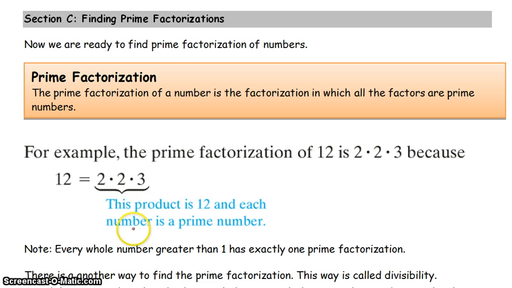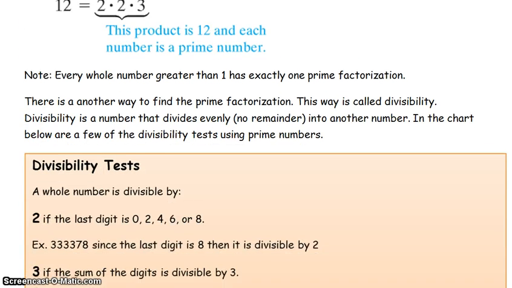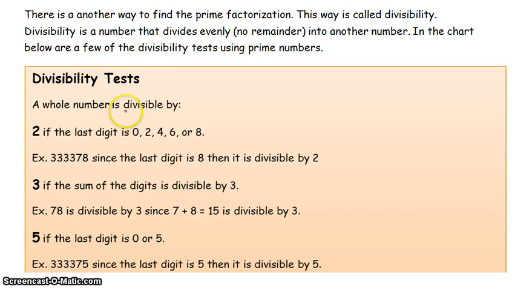This product is 12 and each number is a prime number. So that is prime factorization. Note, every whole number greater than 1 has exactly one prime factorization. So any whole number you could think of that's greater than 1 has a prime factorization.